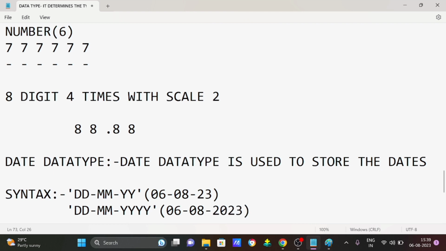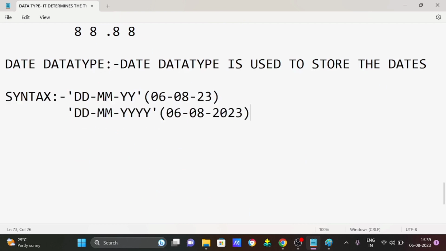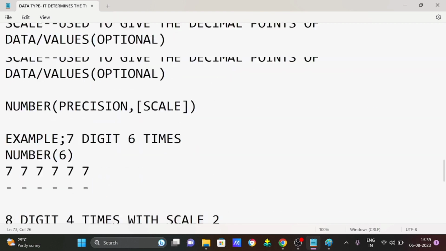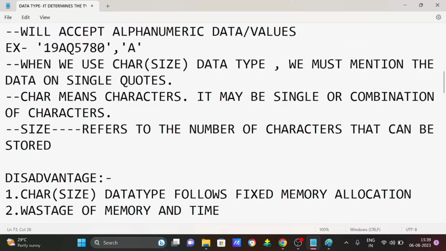So this is how we can use the formats of date using two syntaxes: firstly, mentioning only the last two digits of the year, and mentioning the entire digits of the year. This is how the date data type works, and these are all the data types.